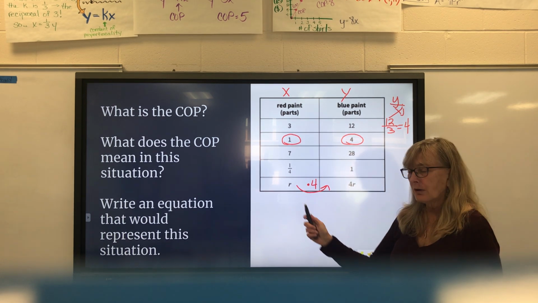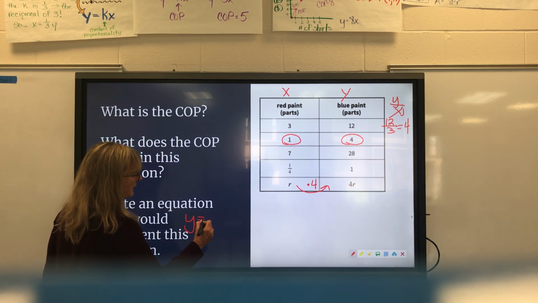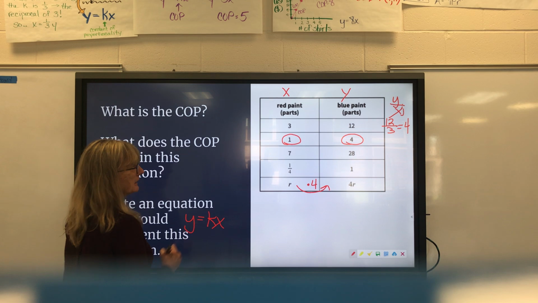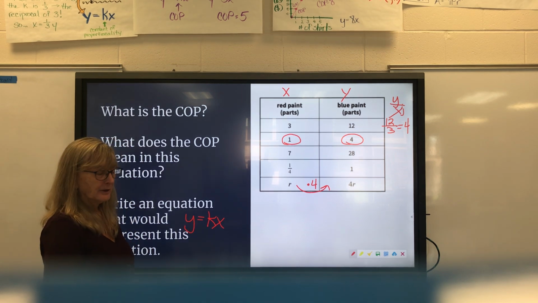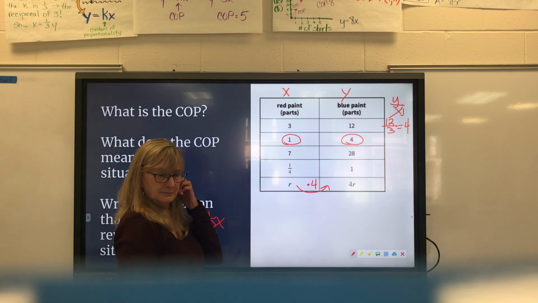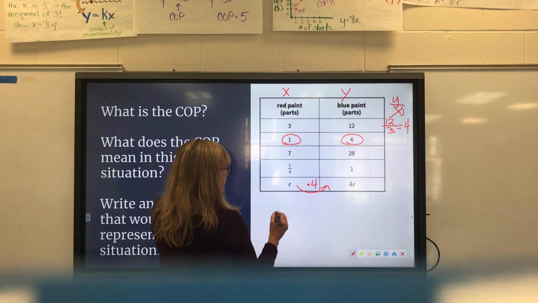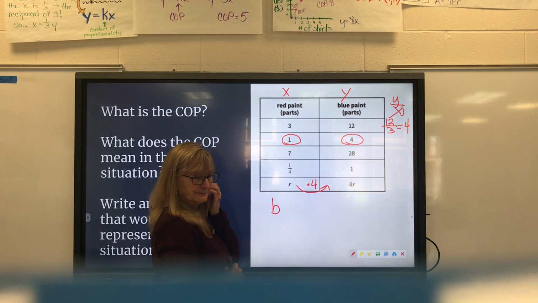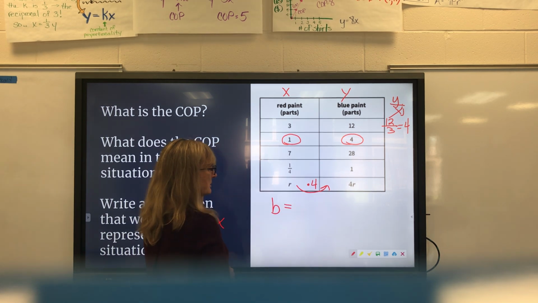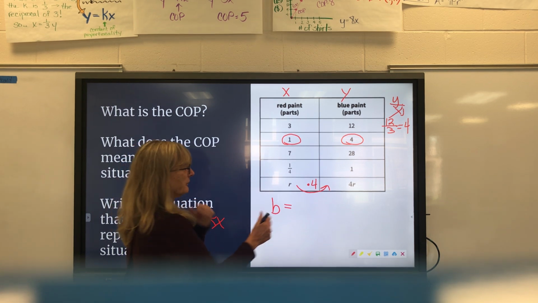Okay? Now, to write the equation, remember the equation is in the form of y equals kx. So our y column represents what? Blue. So I'm going to put B for blue equals, what's my constant? 4.